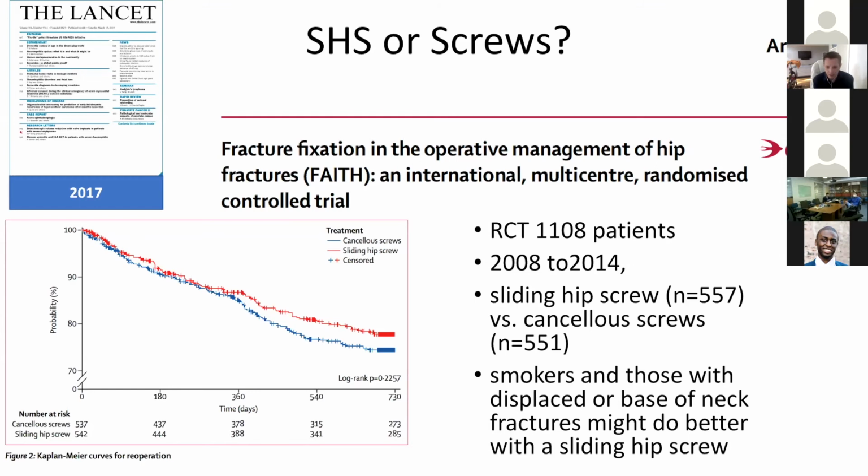And what they found is that patients who are smokers or have a displaced or base of neck fracture, specifically the base of neck fractures, tend to do better with a plate and a sliding hip screw construct, which is a fixed angle, compared to the cannulated screws.